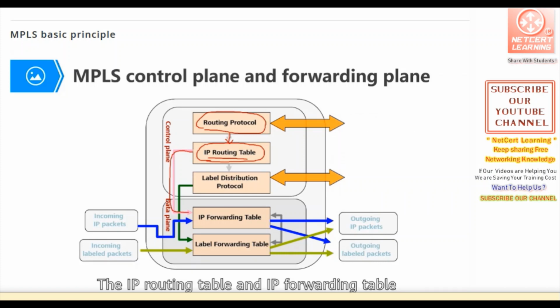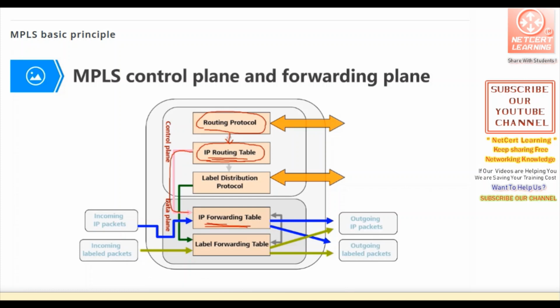The IP routing table and IP forwarding table, you can regard them as the same thing. The IP routing table is in the control plane, the IP forwarding table is in the data plane. Actually, they are the same thing. When we need to forward the data, we need to use the IP forwarding table. But the IP forwarding table is the same as the IP routing table.